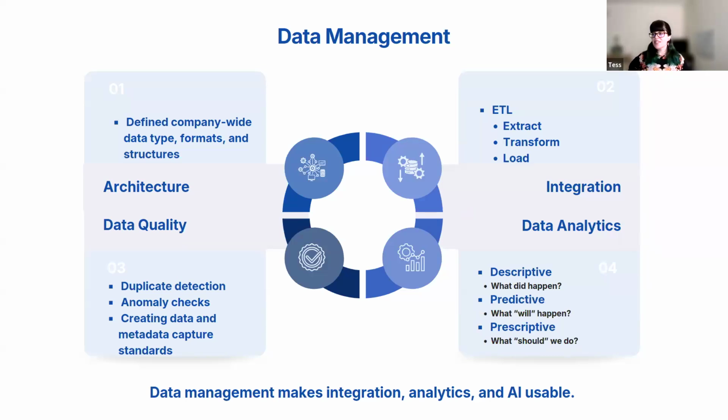We're going to dive into data management. This is one of the most important pillars in your data strategy because it happens upstream. It's in the beginning, and if this portion's broken in any way, everything downstream will not work as efficiently as you may want. The first is architecture. This is really the data types, the formats, the structures.